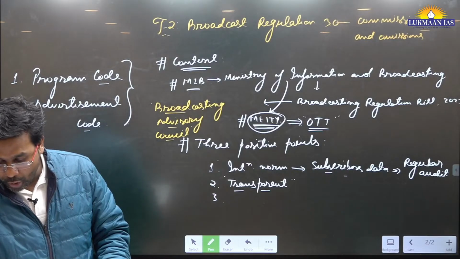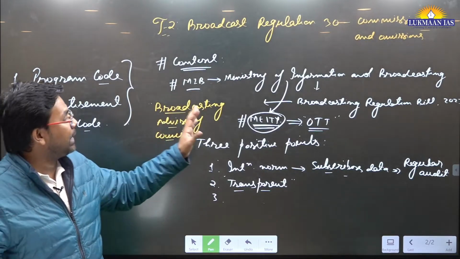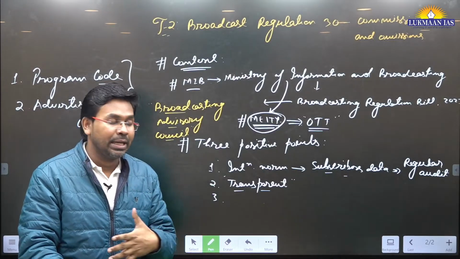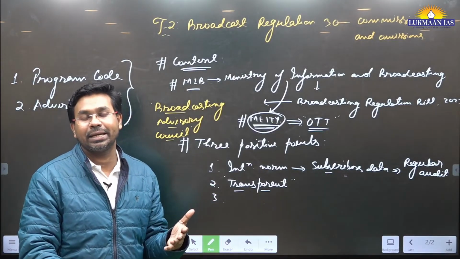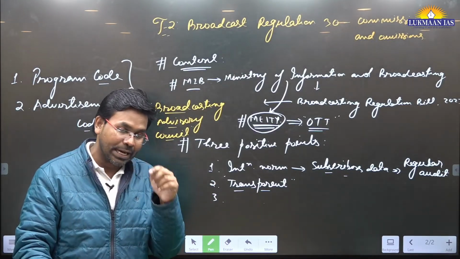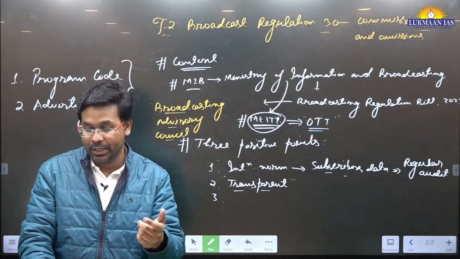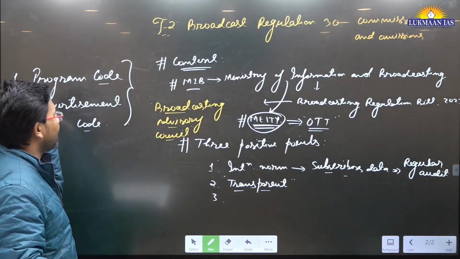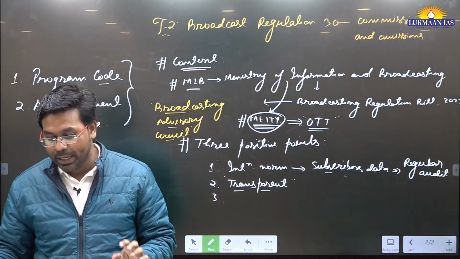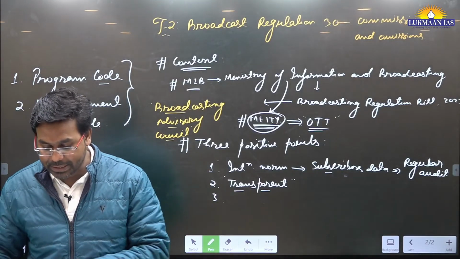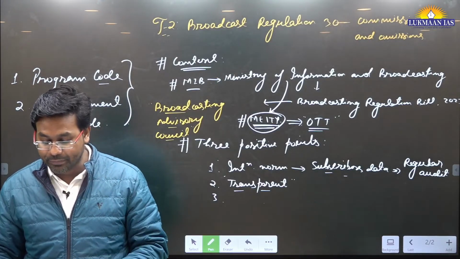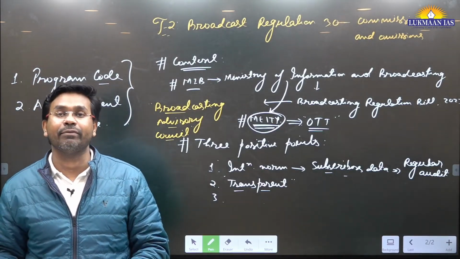So the author says that this bill gives leeway to the government. It may hamper competition in the broadcasting sector in India. It may hamper the kind of programs that are aired in India. Programs can be regulated by the government of India through the program code and advertisement code. Finally, the author says that the Broadcasting Services Regulation Bill must not lose the opportunity to protect the freedom of press and diversity.